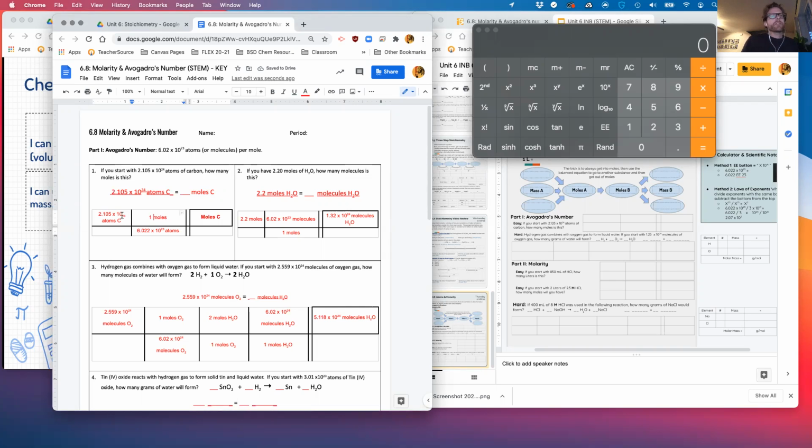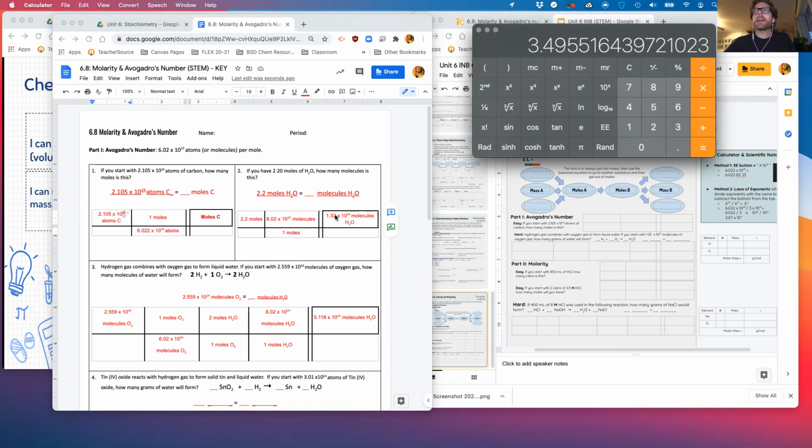Okay, so the last thing that we need to do is a little bit of math right here. So I'm going to do it one way. I'm going to go 2.105 EE 24, so that's times 10 to the 24th, divided by 6.022 EE 23. Enter, and I get 3.5 moles of carbon.